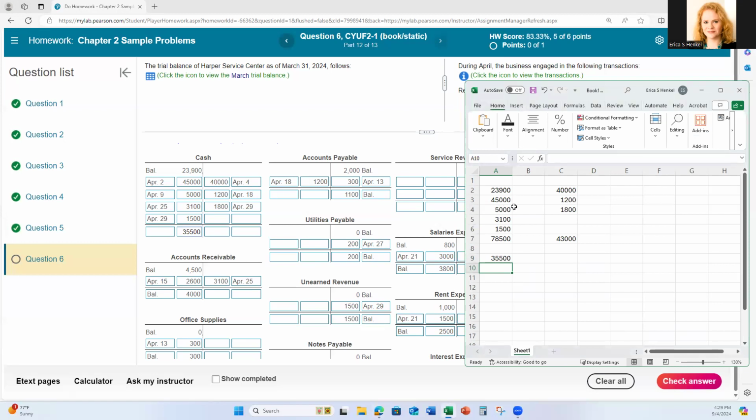23,900, 45,500, 3,100, 1,500. All right, so we've got that through A6. All right, and then we've got 45,000, 40,000. Do I have everything on here? 40,000, 1,200.